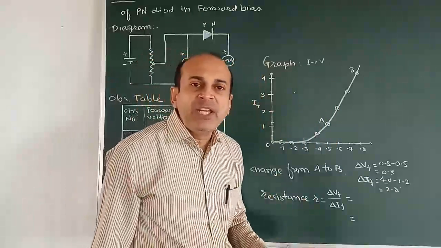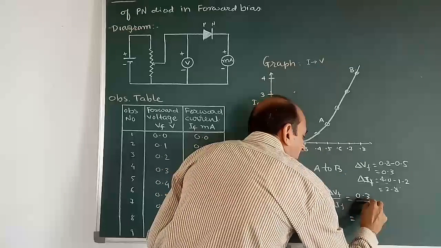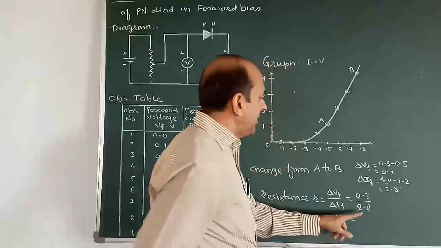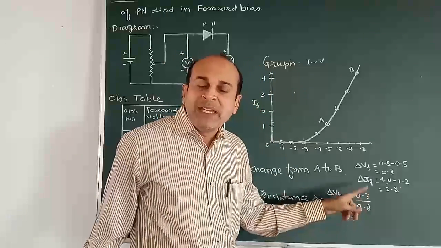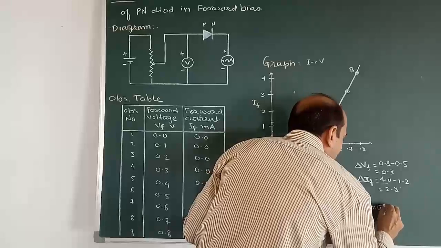So let me find the ratio of the voltage to the current. 0.3 upon 2.8 into, but the current is given in 10 raised to minus 3 because it is in milliamperes. So let me write here 10 raised to minus 3.